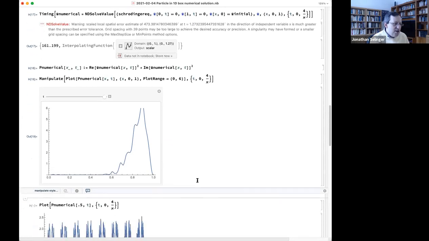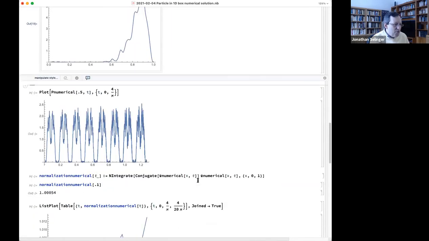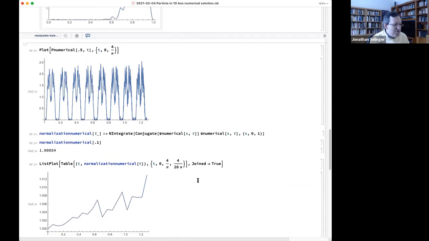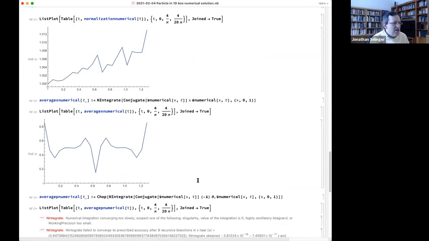And then we can get averages of stuff also. So here's the average position calculated numerically when I did it before. And it's kind of similar to the plot that I showed you from the Fourier series. So in this numerical method, it really exists and it does get faster.